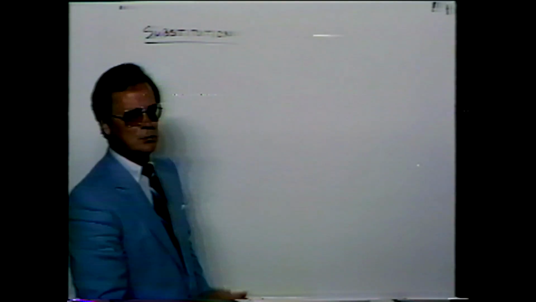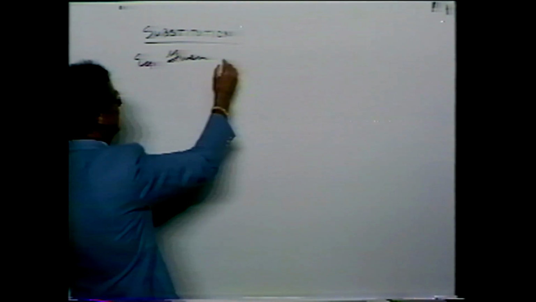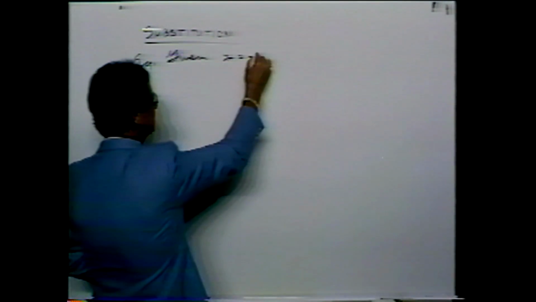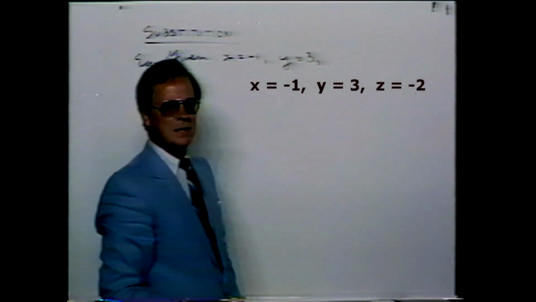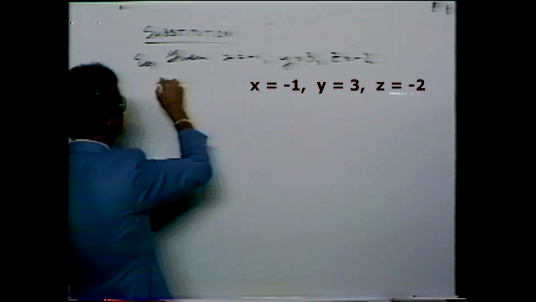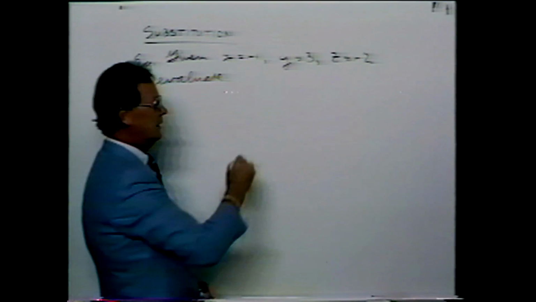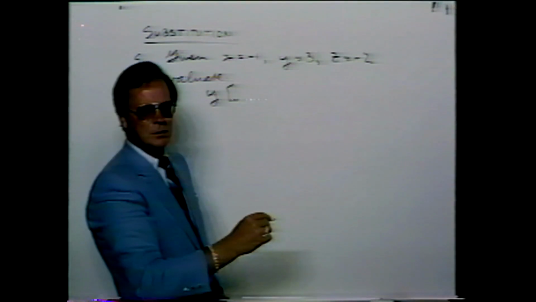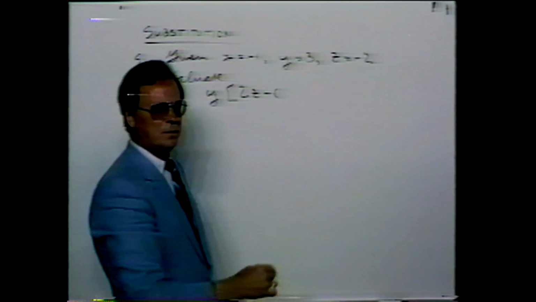For example, given that x is equal to minus 1, and that y is equal to 3, finally that z is equal to minus 2, evaluate y multiplied by 2z minus bracket x minus 3y.